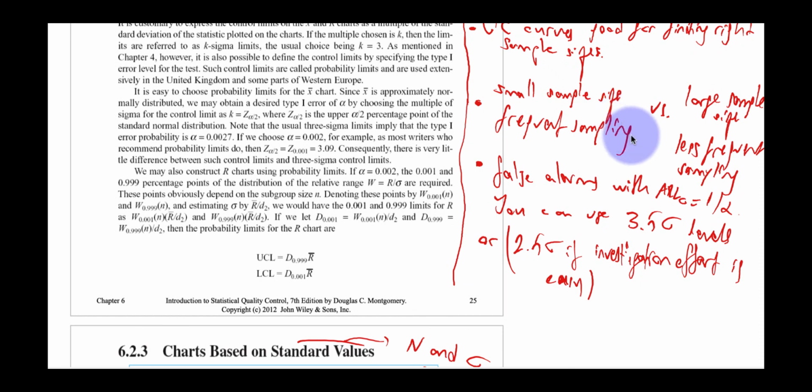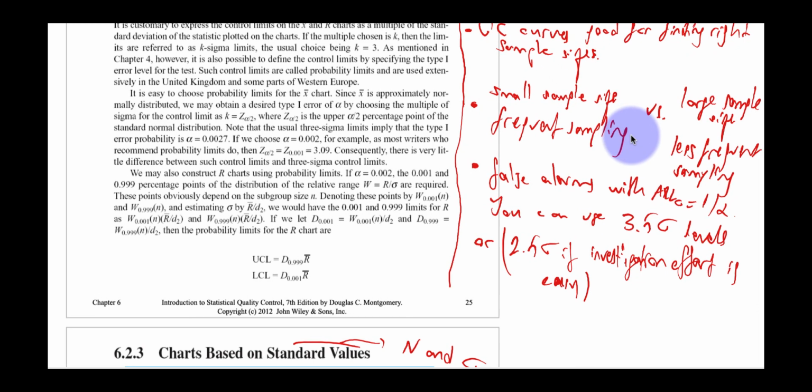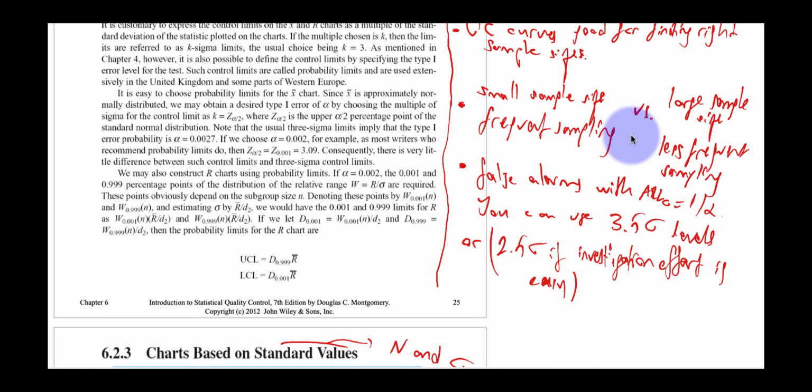And we have some tradeoffs about the sample size and sampling frequency. We can use small sample sizes but frequent sampling. And on the other side, we can also use large sample size and less frequent sampling.